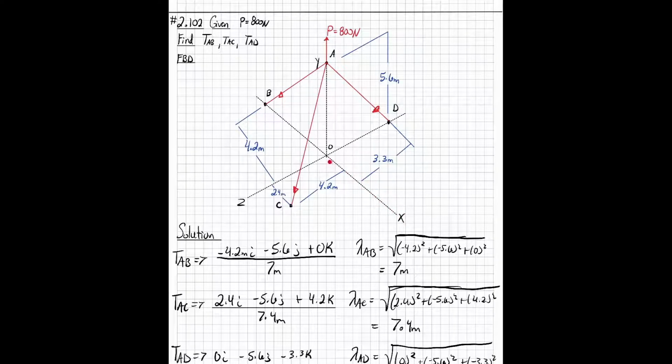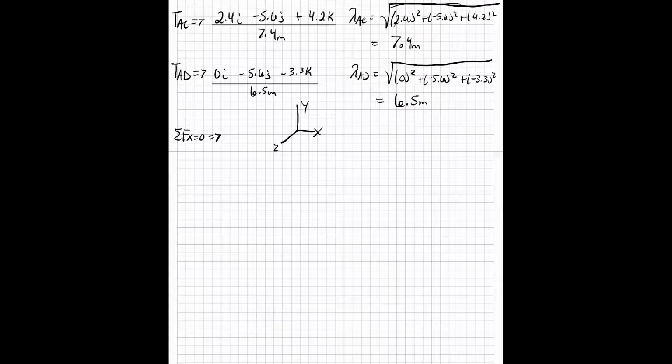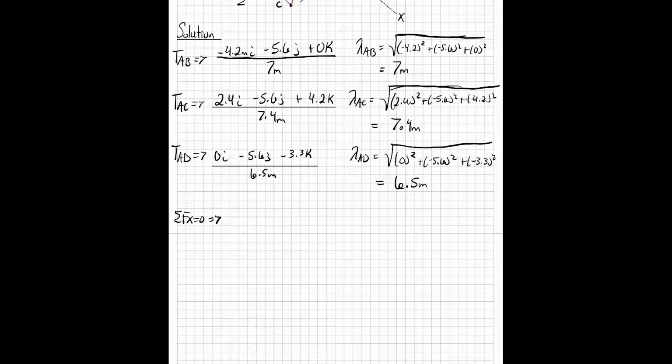Positive x going to the bottom right, positive y vertically up, and positive z to the bottom left. Okay, so we don't necessarily have to state our arrow in this case. So sum of forces, all we're going to do is just take each component in the i, j, and k and just bring them right on down.